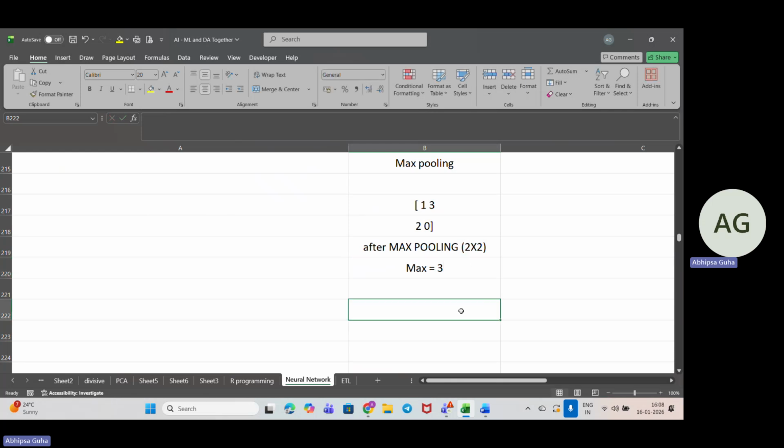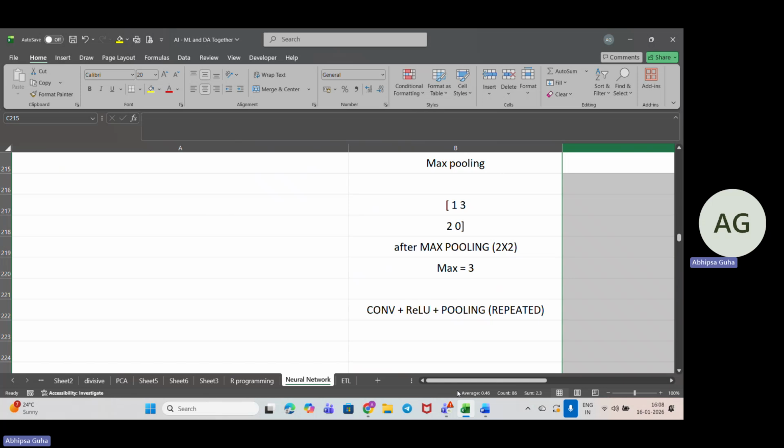Now, we take convolution plus ReLU plus pooling, and that is actually repeated. So what exactly is happening here?